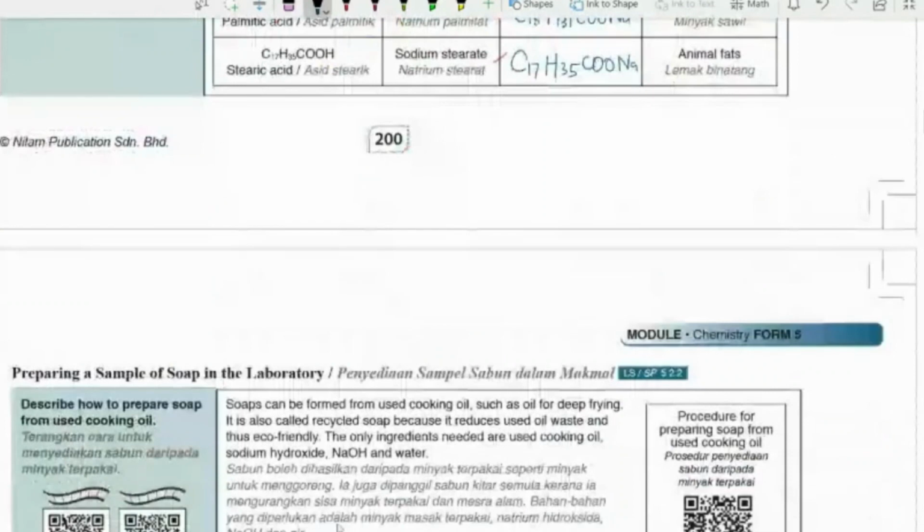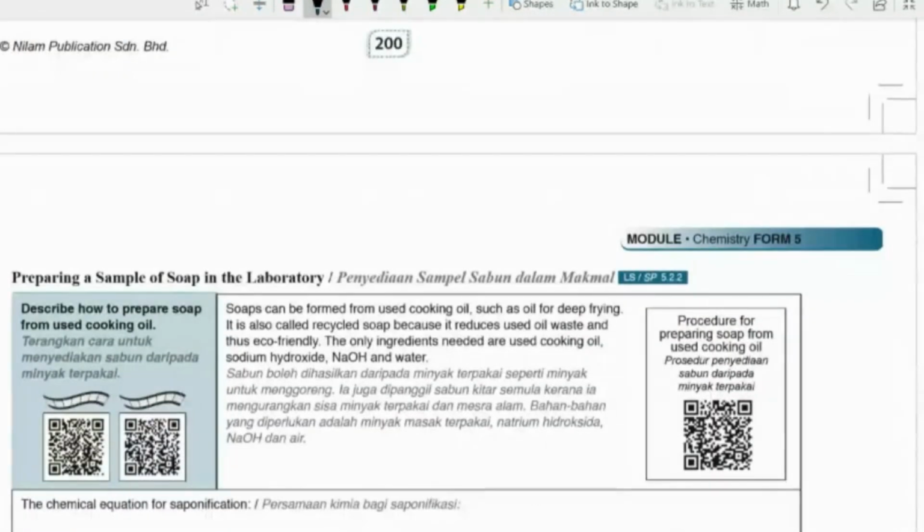Now, preparing a sample of soap in the lab. In the lab, soap can be prepared by saponification. You can get it from used cooking oil, such as oil from deep frying. It is also called recycled soap because it reduces used oil waste and is thus eco-friendly.